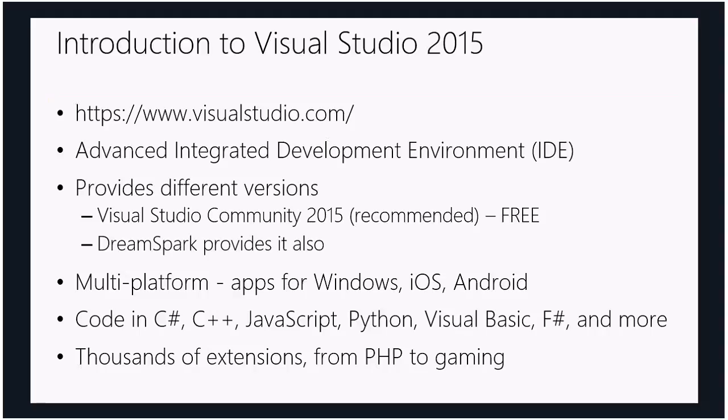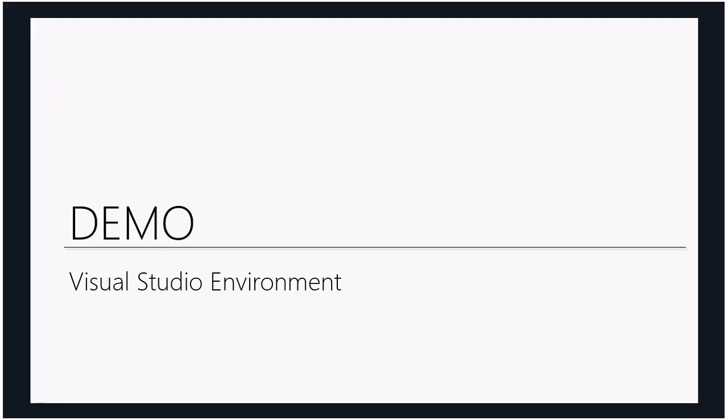Besides this, you can also work with other languages by using the thousands of extensions available. It is really nice to have one IDE for all the different kinds of programming languages you want to work on. I personally recommend Visual Studio for all the different environments. Okay, I'm going to go through the demo.